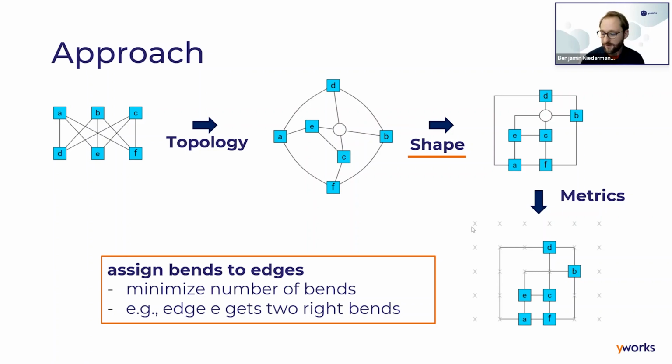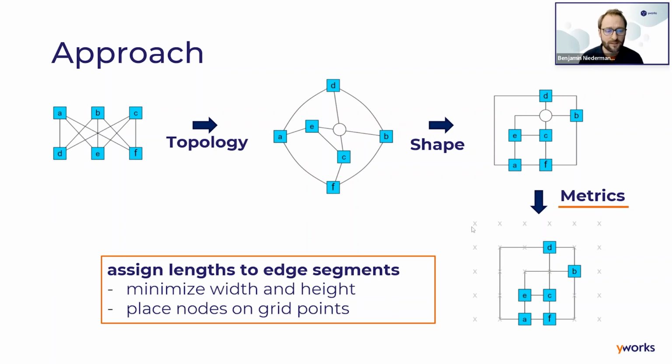And then in the final step, we assign the length to the edge segments, and this basically means that we define which nodes lie on which grid points and how far away these grid points are. Actually, you can also configure them later on so that you can say that you would like to have a certain grid spacing.